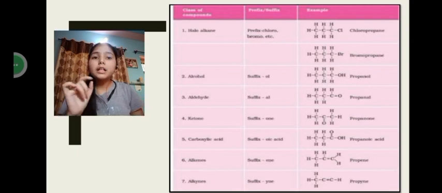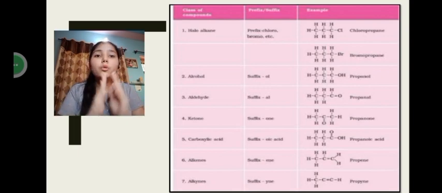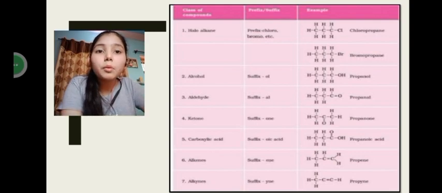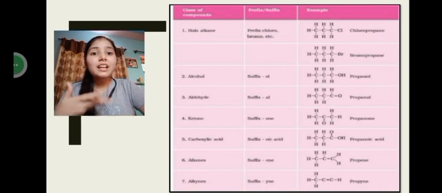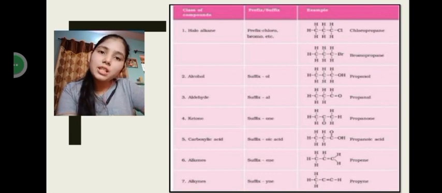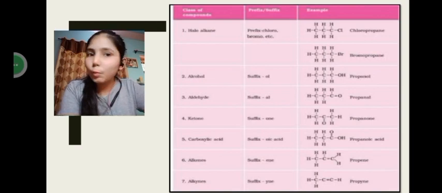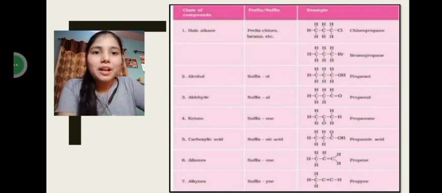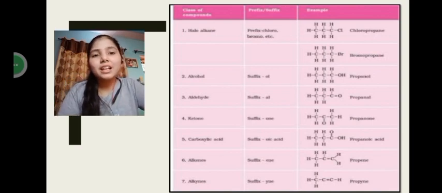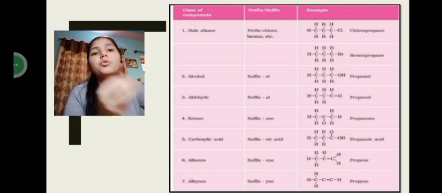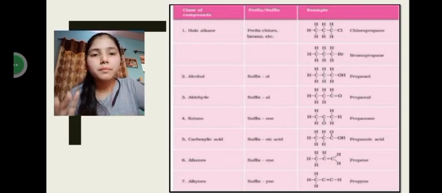And if the carbon attached to oxygen is surrounded by other carbons from both sides, it's called ketone. What is the suffix? On, O-N-E, not one. It's English, there is always a silent word of no use.